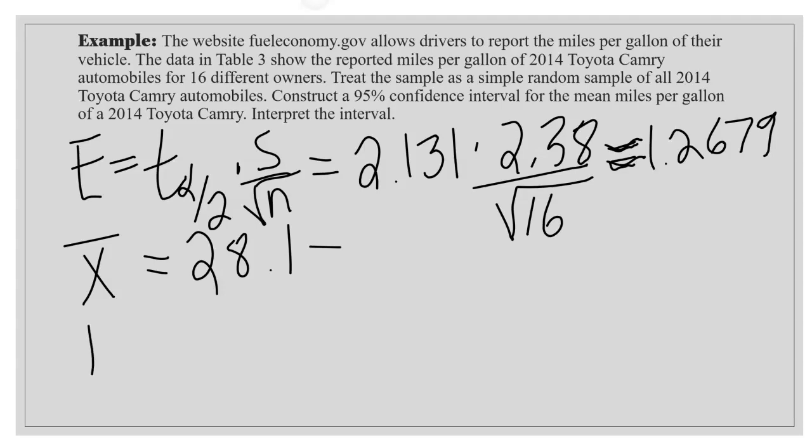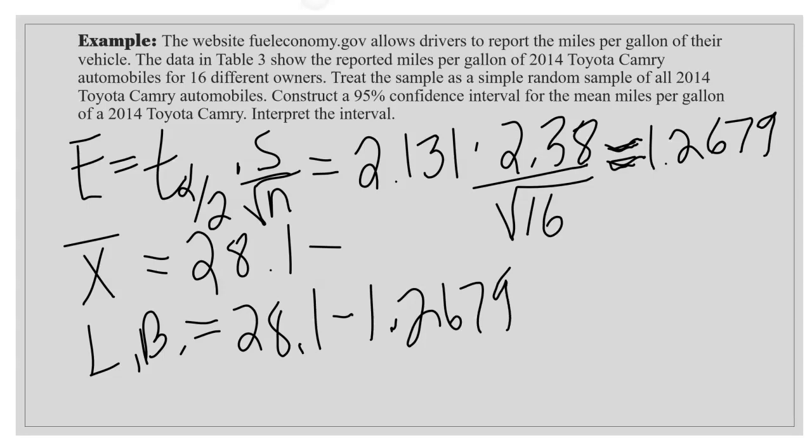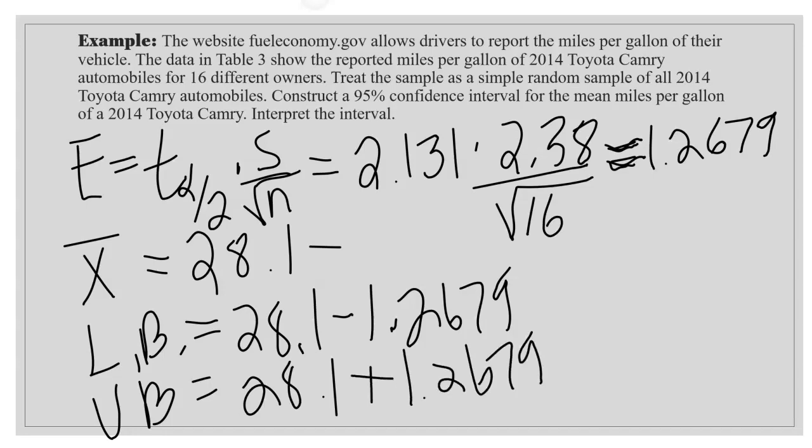So to find my lower bound, my lower bound is going to be equal to my point statistic, 28.1, minus my margin of error, 1.2679. And my upper bound is going to be equal to my point statistic plus my margin of error, 1.2679.